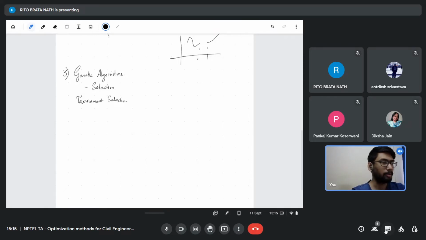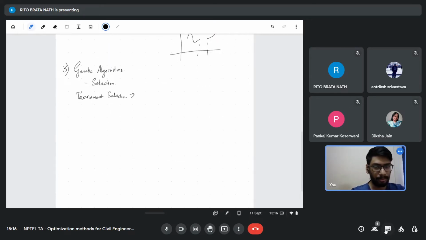I think the question asks: if you use a tournament size of three, how many copies will the best solution in the population pool have? If I'm not mistaken. So that's the question. Let's see how we can solve this.